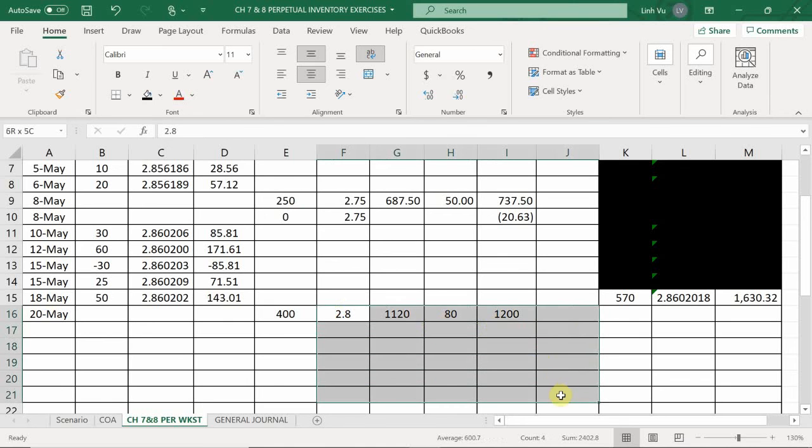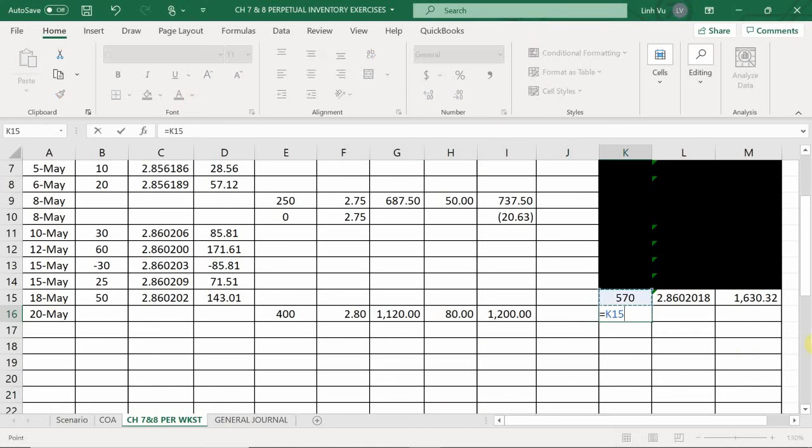So let's update our inventory since we purchased inventory. We should have a total of 970.